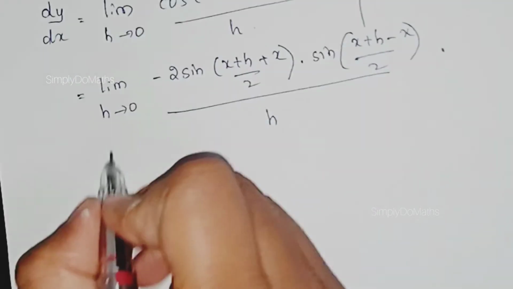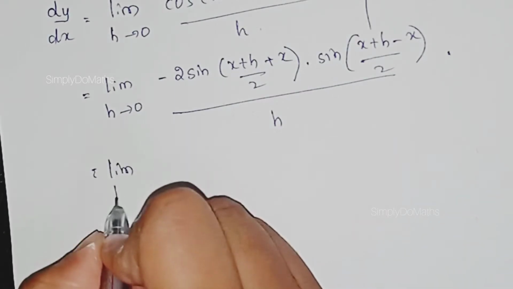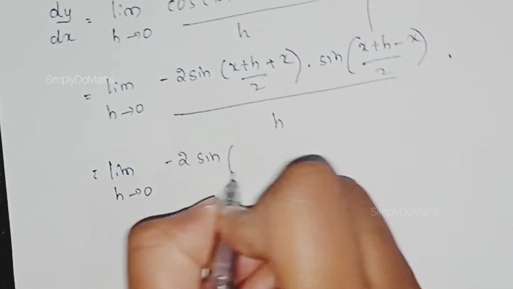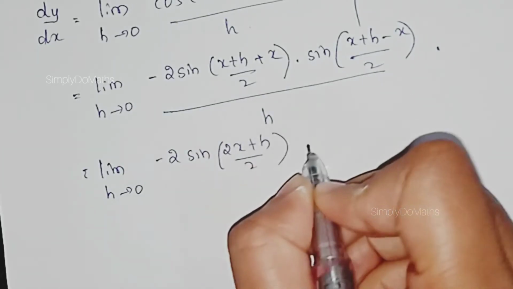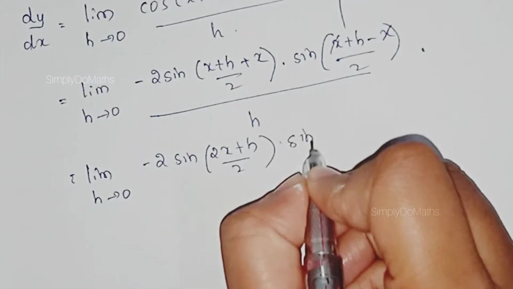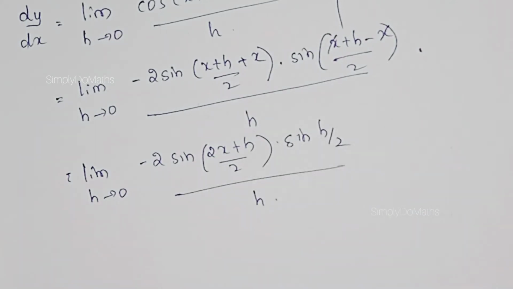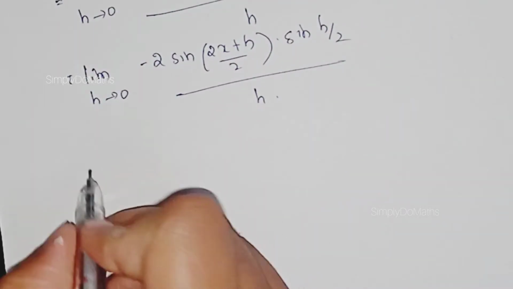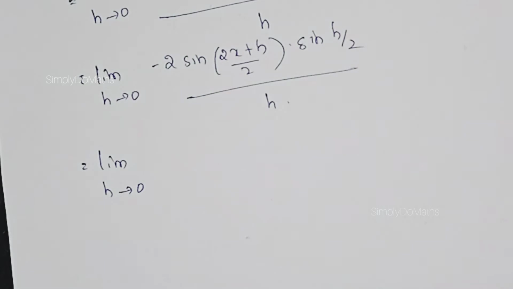So this will be equal to limit as h tending to 0 of minus 2 sine, here x plus x is 2x plus h divided by 2, into, here x will get cancelled, sine of h by 2 divided by h. So now we can continue this.